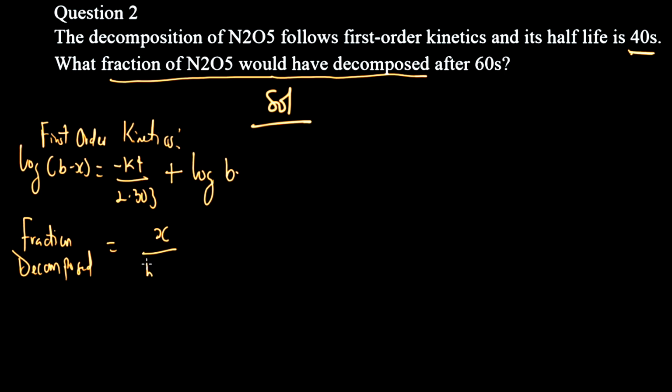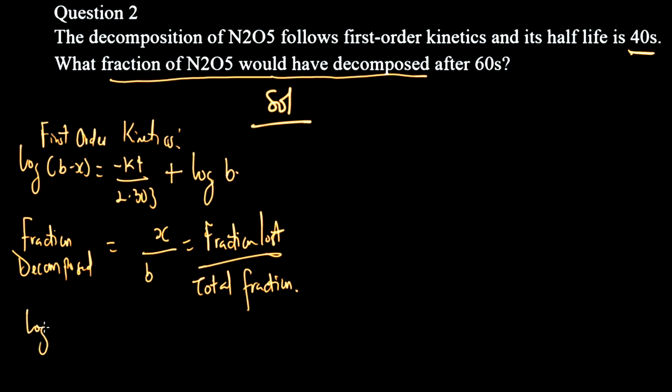So the fraction decomposed is the same thing as x over b, that is the fraction lost over the total fraction. So we have log b minus x equals minus k times 40 over 2.303 plus log b.